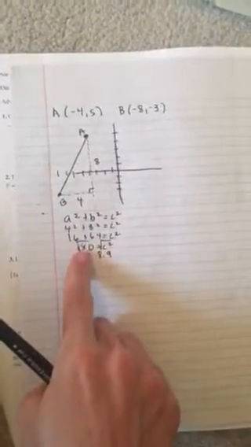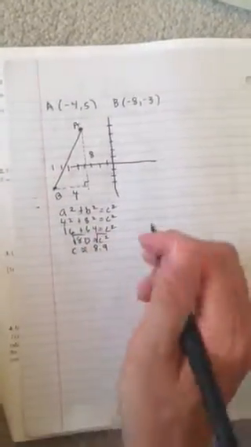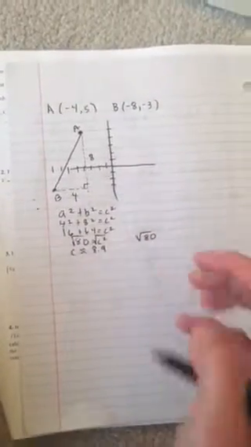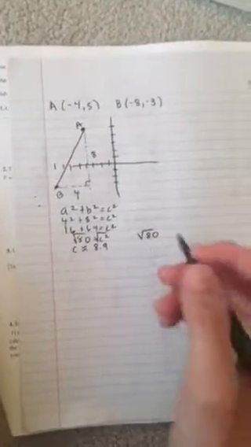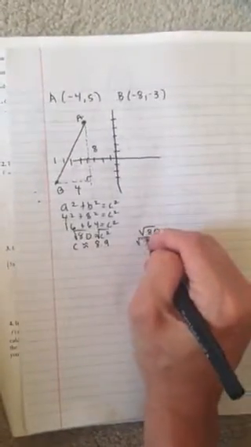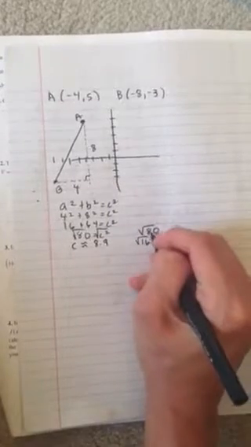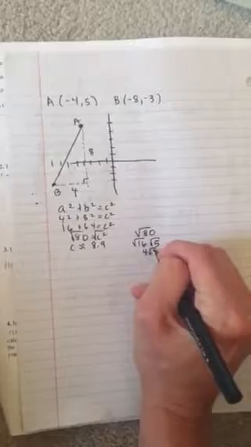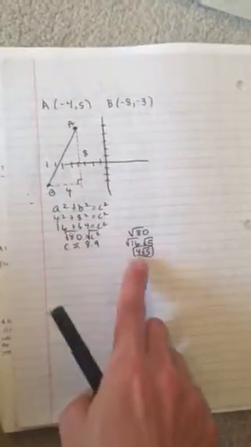But also you can use strategies to rewrite this in an equivalent form. We rewrite radicals in equivalent form by finding the largest perfect square that divides evenly into it. The largest perfect square that divides evenly into 80 is 16. So this expression could also be written as 4 radical 5. And it just depends on what the directions say.